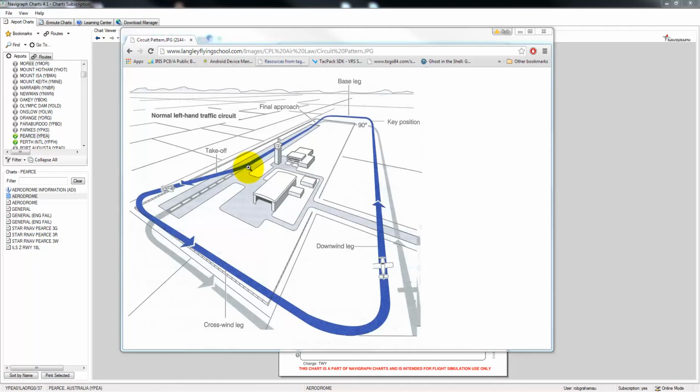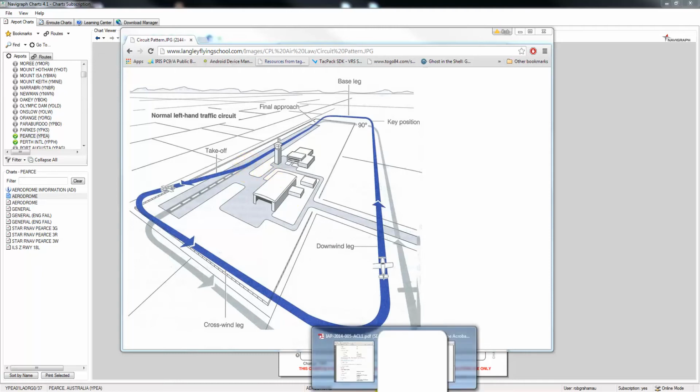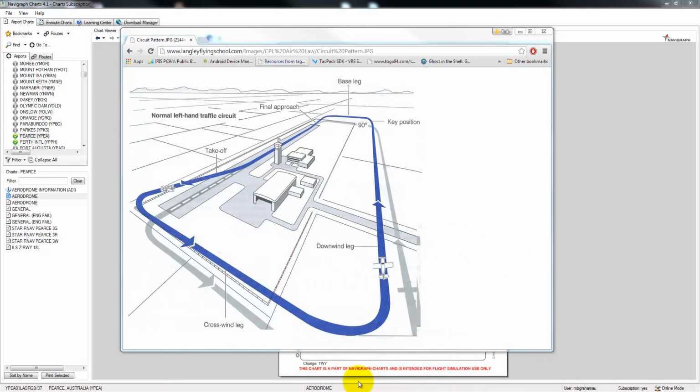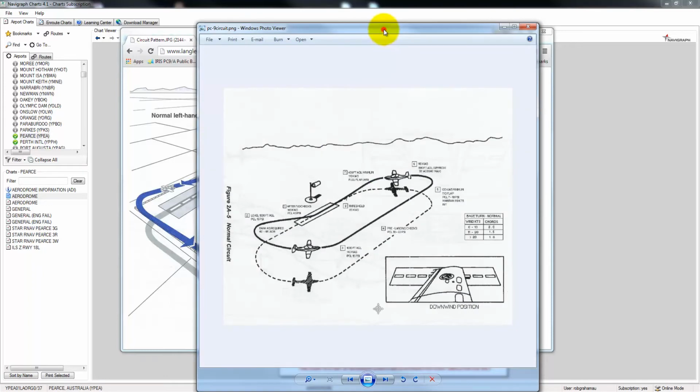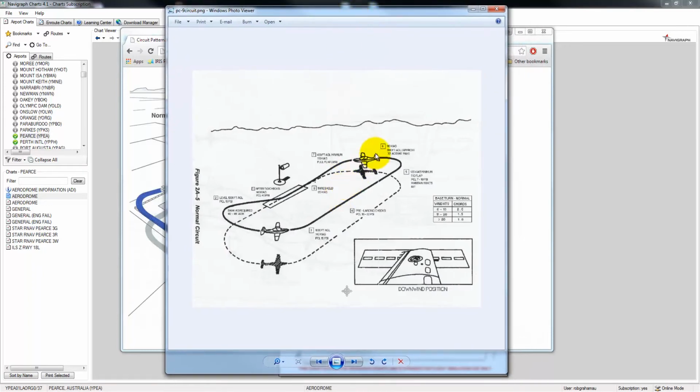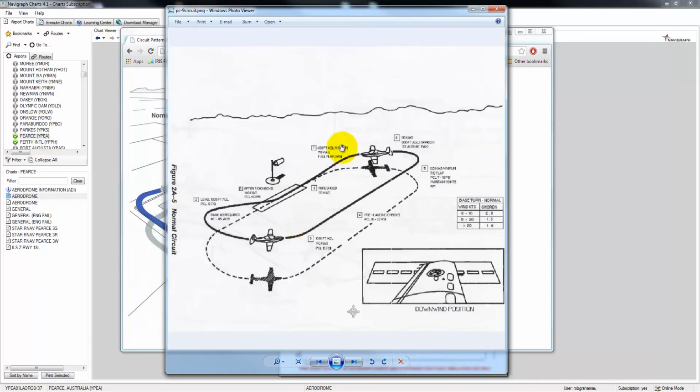However, in the military, it's typically done slightly differently. We're going to look at that here. This is a military circuit, and most notably, this is the military circuit for the PC-9.